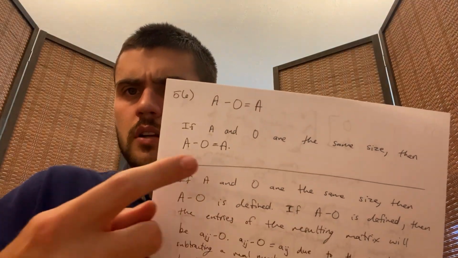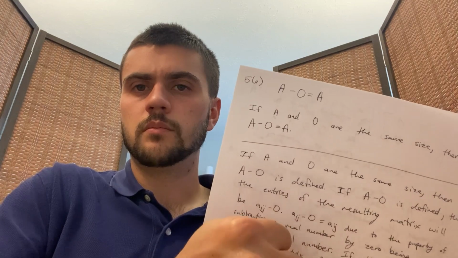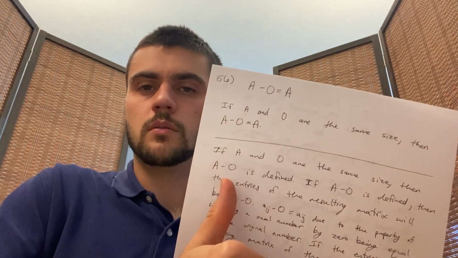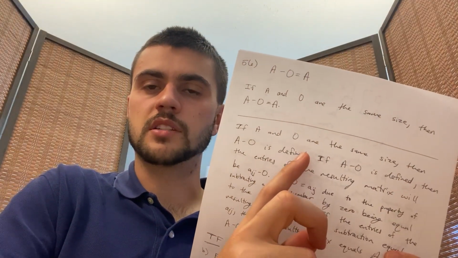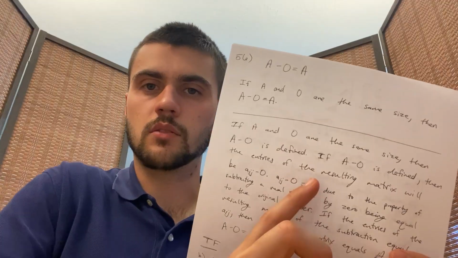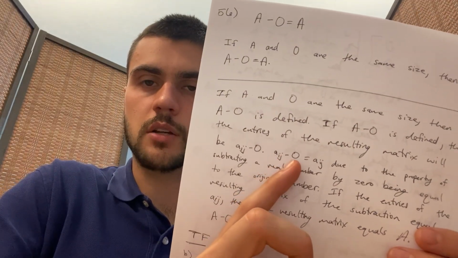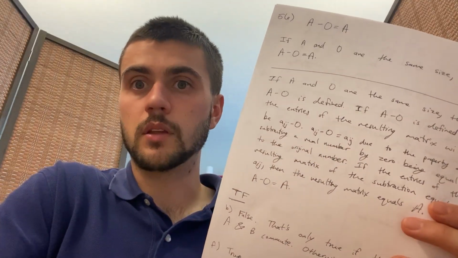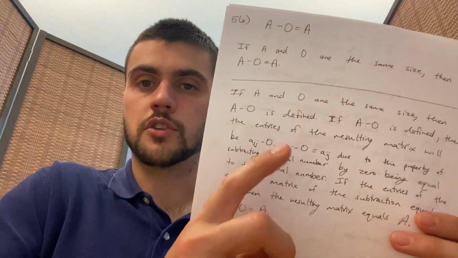Maybe even easier here with A minus 0 equaling A. Basically, we're trying to prove that if they're the same size, then this statement's true. If they're the same size, then the sum is defined. If the sum is defined, then the resulting matrix can have entries of a sub ij minus 0, which is equal to a sub ij based on the property of subtracting 0 from a real number giving the original real number.